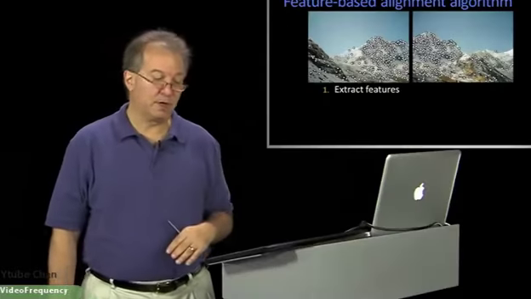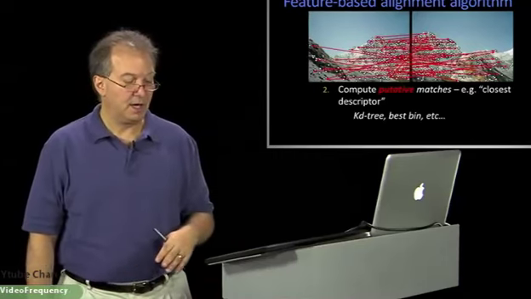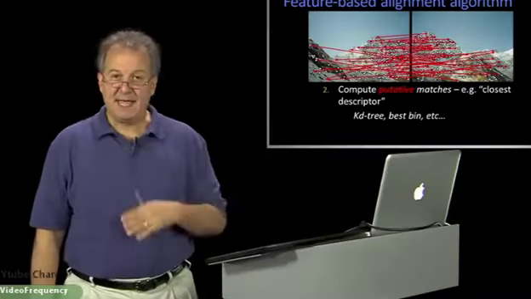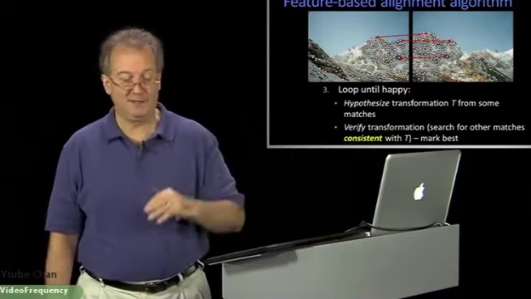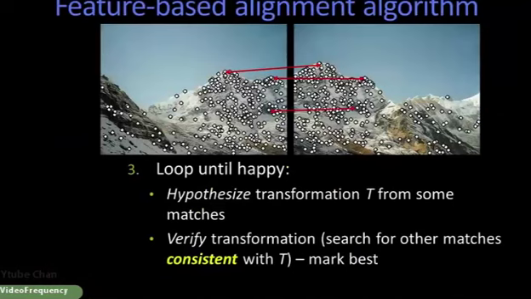So to remind you, our feature-based alignment algorithm is first extract some features, compute some putative matches, some possible ones based on the descriptors. And remember last time we looked at this ratio of the best match to the second best match, and we said that's a good way of getting rid of some of our bad matches. And then the algorithm was supposed to loop until we were happy, hypothesizing a transform from some matches.